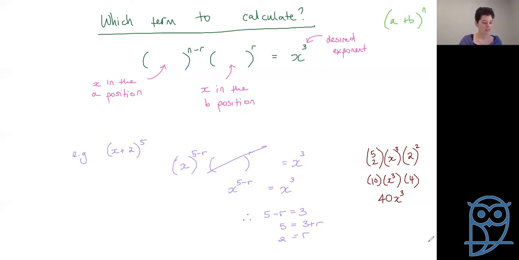So let's have a look at another one. I've got a few examples. So what we're doing is we're always only calculating the terms we wanted. In some questions, they'll say calculate the first 3 terms.